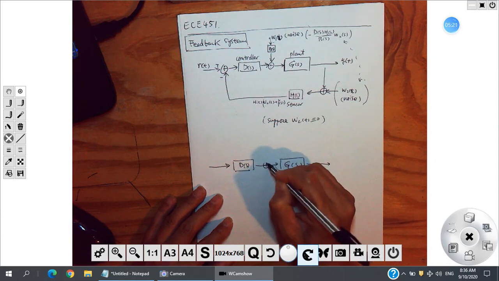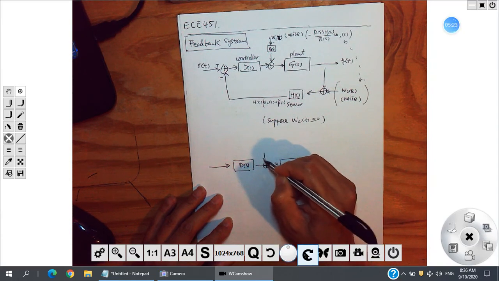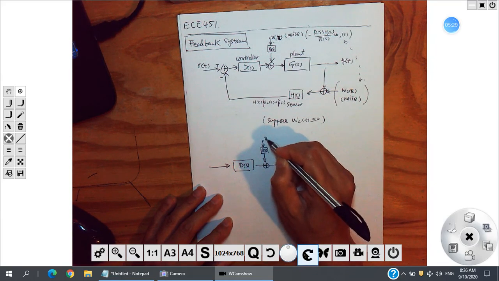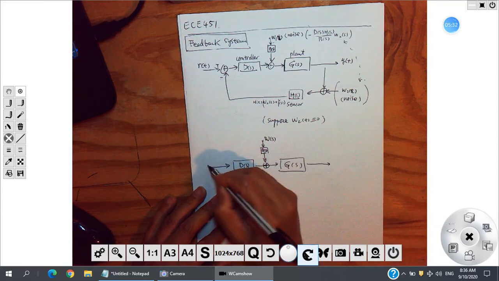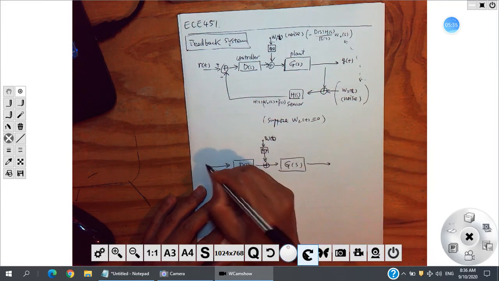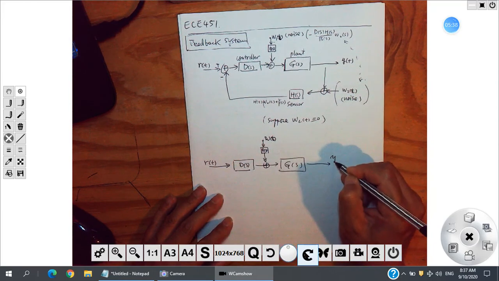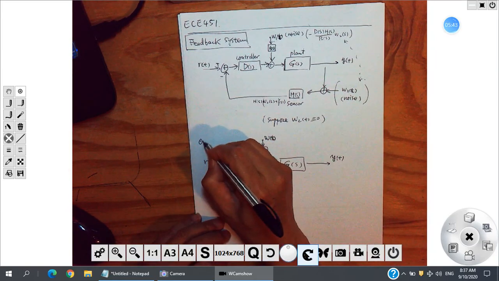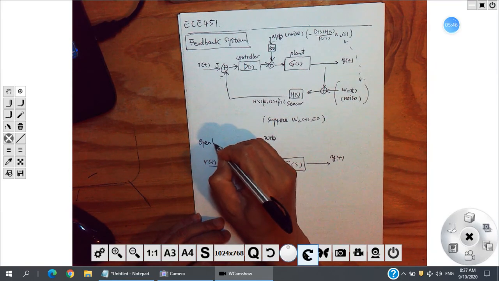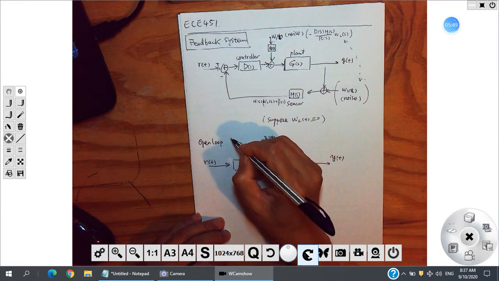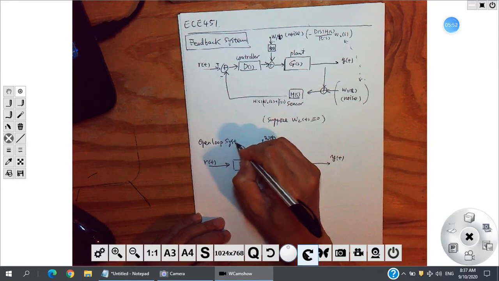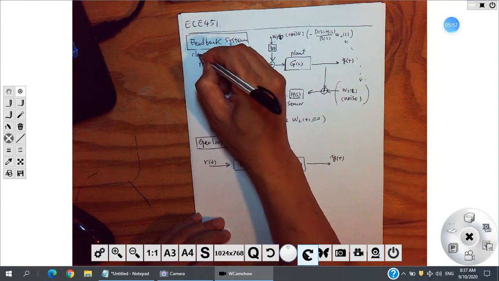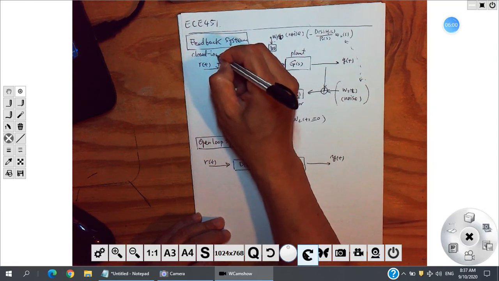And of course, here you also consider some noise or disturbance W of S. Here's the input, here's the output. This we call an open loop system, and this is a closed loop system.